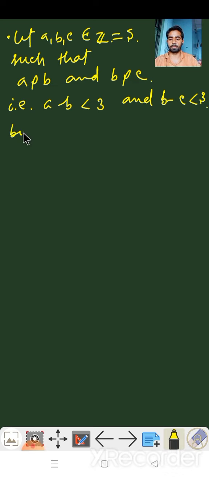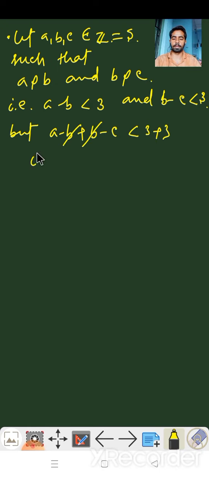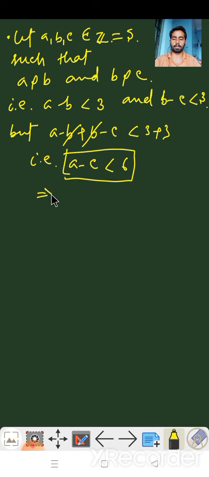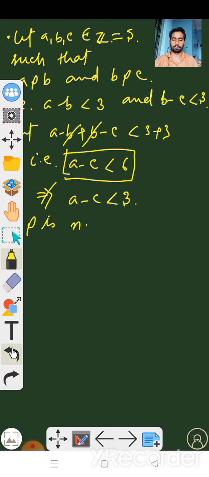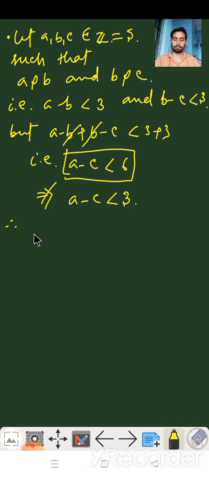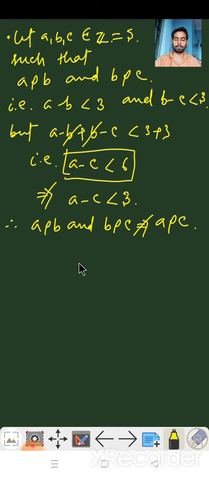If we add these two inequalities, a minus b plus b minus c is less than 3 plus 3, that is, a minus c is less than 6. But this does not imply that a minus c is less than 3. Therefore a is related to b and b is related to c does not imply that a is related to c. Therefore, rho is not a transitive relation.